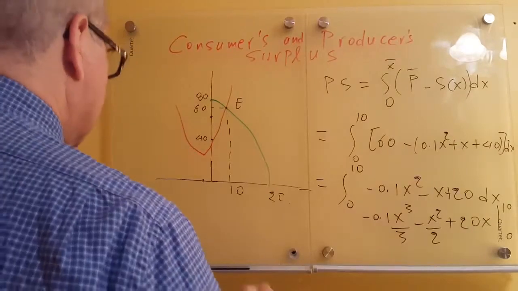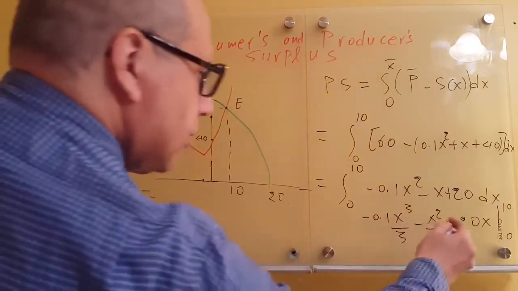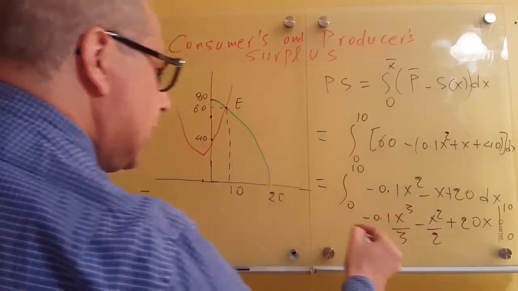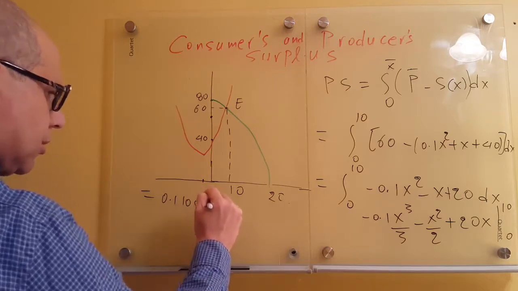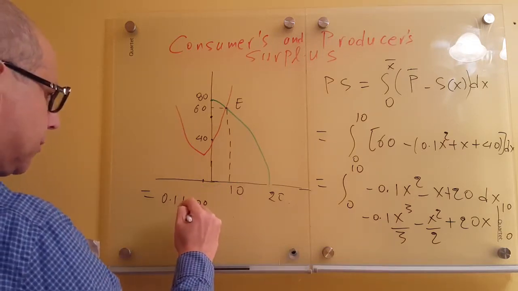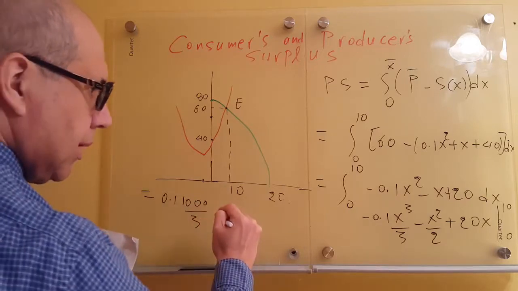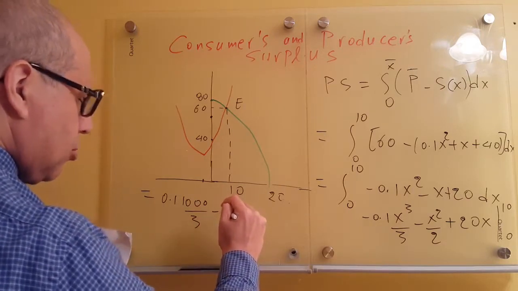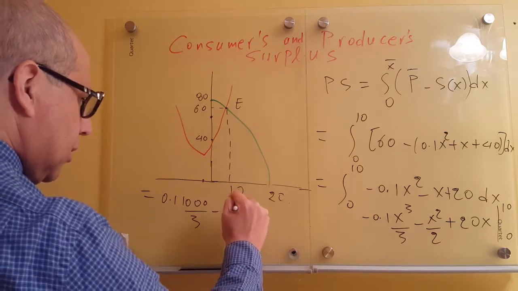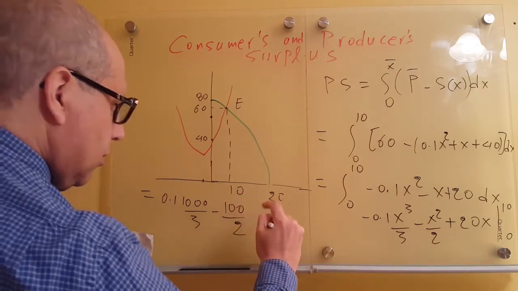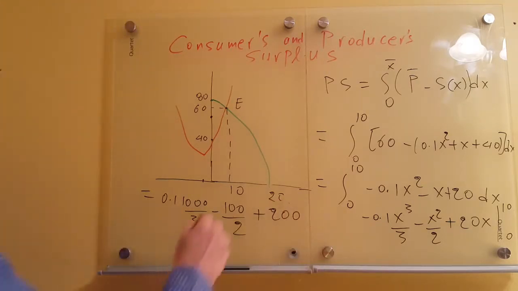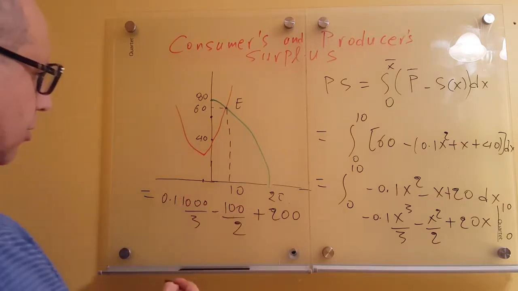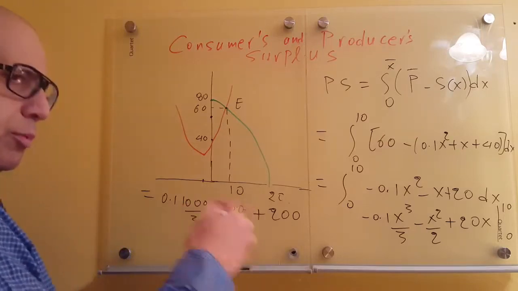So let's finish it here. You just have to substitute whatever x stands for, so that should be 0.1 times 10 to the third, so it's 1000 over 3, minus x squared over 2, so that's 100 over 2, plus 20 times 10, which is 200. So this here is 50, and this here is 100 over 3, so it's 33.33.